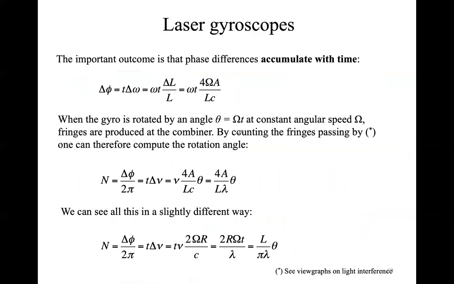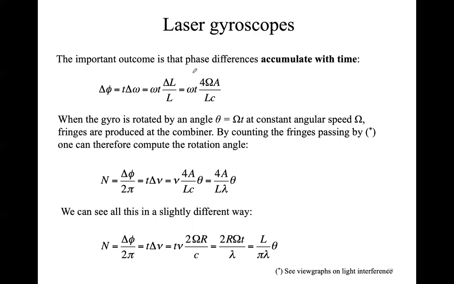The main thing that you have to point out when you are dealing with laser gyroscopes is that the delta phase of the signal, given by the interference between the two beams, accumulates with time.